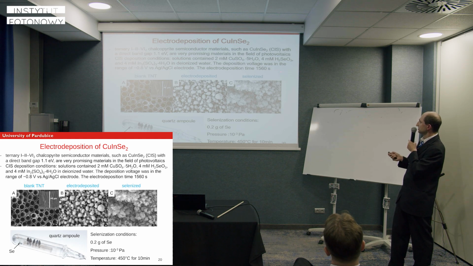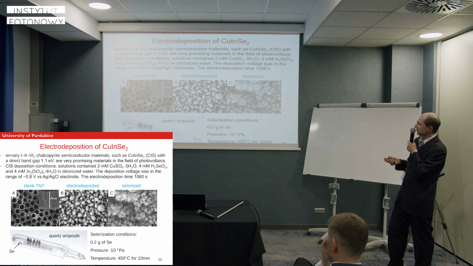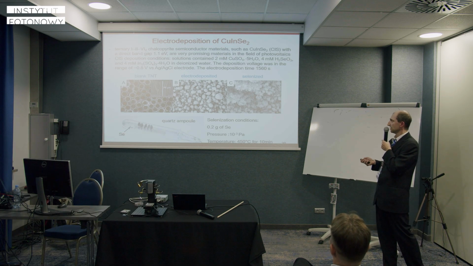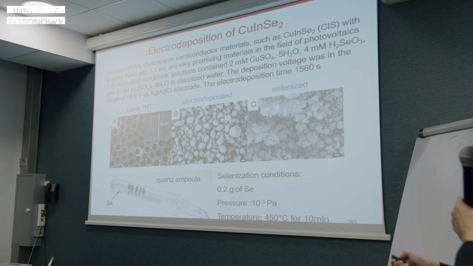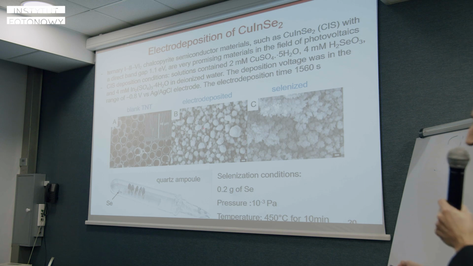The deposition was done in the range of 0.8 volts versus reference electrode, and takes about half an hour. What is interesting here is that we have blank tubes, and when we did the electrodeposition, we had this nice granulated structure on the top. It's also inside, of course. I don't have the cross-section, but it's inside.